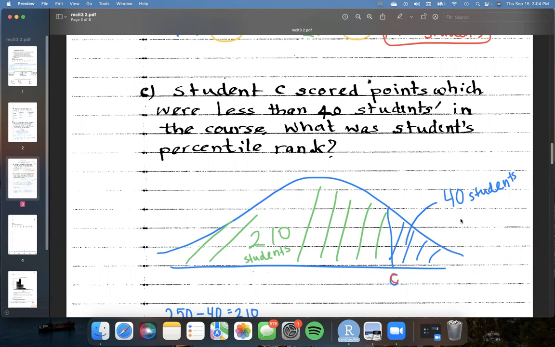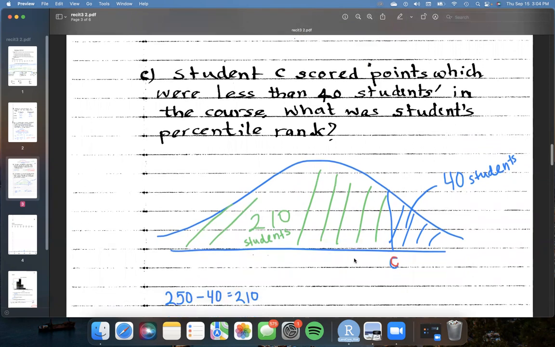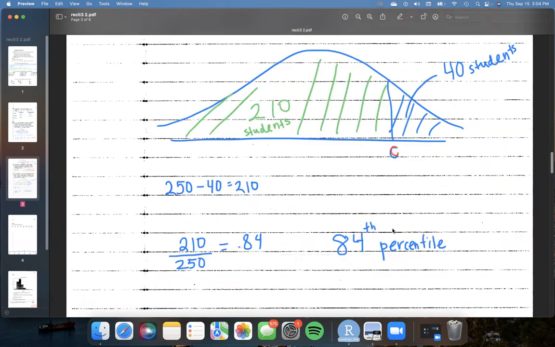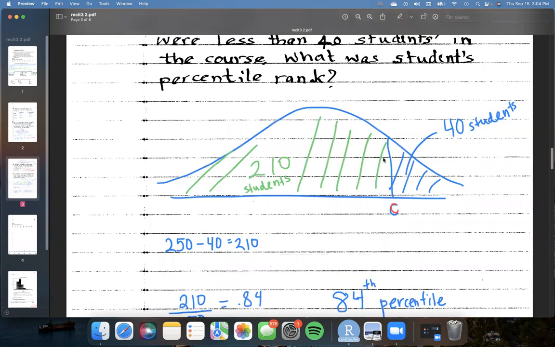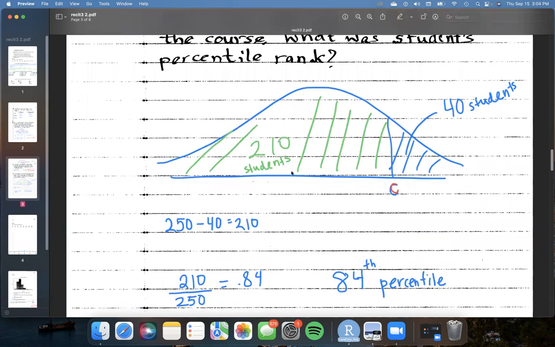The blue area is 40 students. And we want to know, what is this percentile rank? There's a few steps to this. The first step, we need to figure out how many students are in this green area.